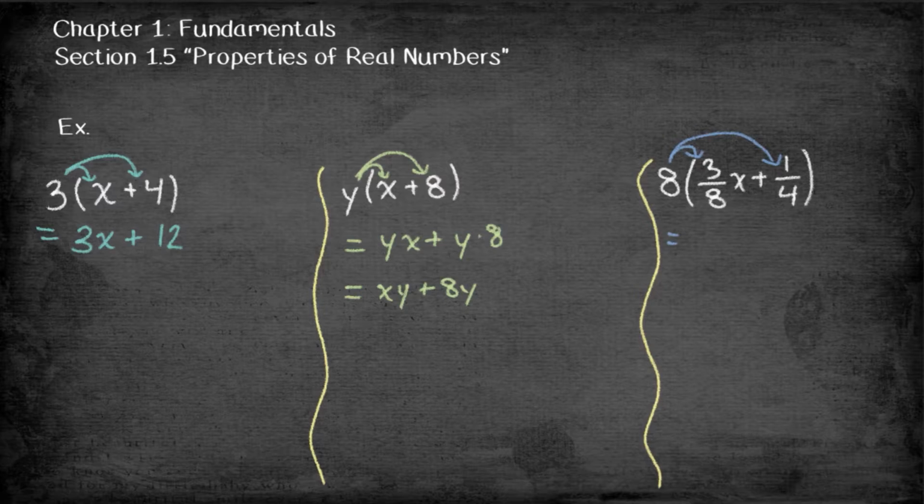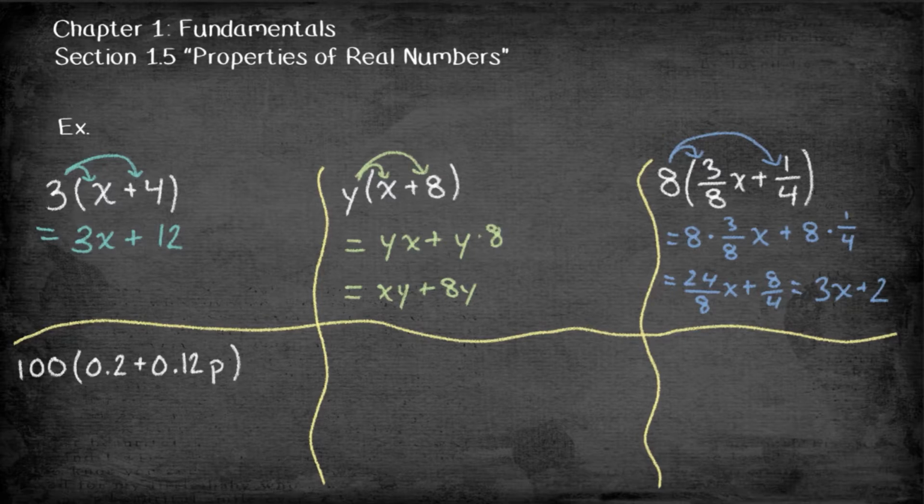So this is 8 times 3 over 8 x plus 8 times 1 over 4, which gives us 24 over 8 x plus 8 over 4, which simplifies pretty nicely to 3x plus 2.